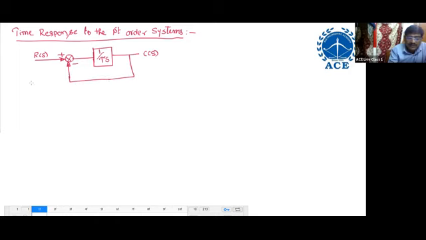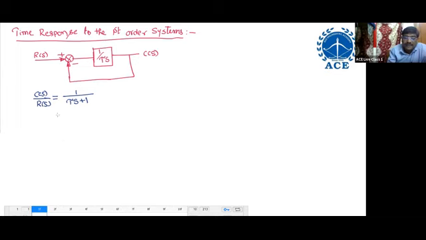So this is the first order system, the standard block diagram. Find the transfer function. C of S by R of S equal to 1 by tau S plus 1. Closed loop transfer function is 1 by tau S plus 1.